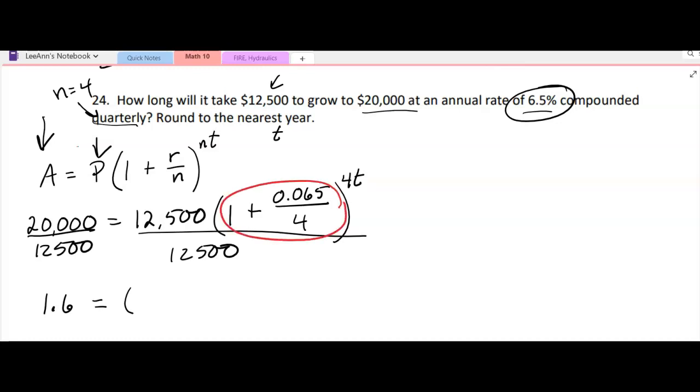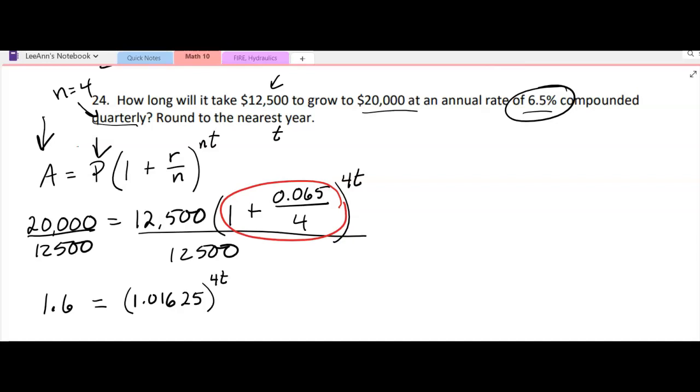You don't have to, but they figure out this number, and that number turns out to be 1.01625. And we're raising that to the 4t. Okay, this is as nice as it gets until we have to change it to a logarithmic equation.